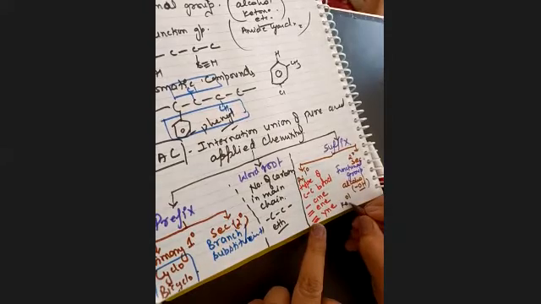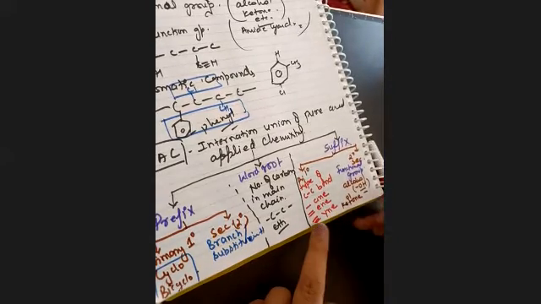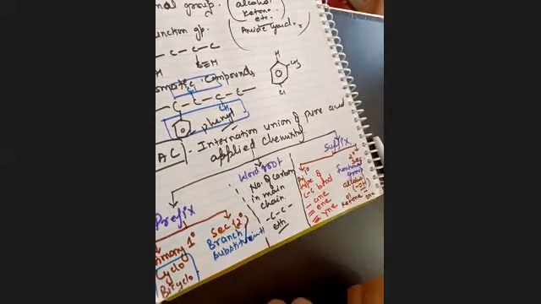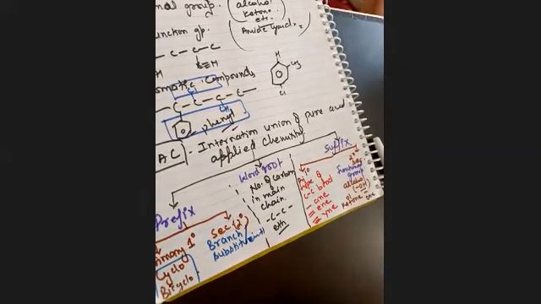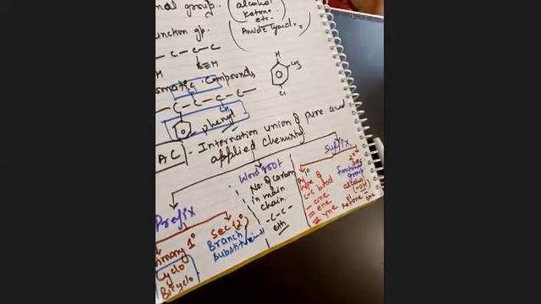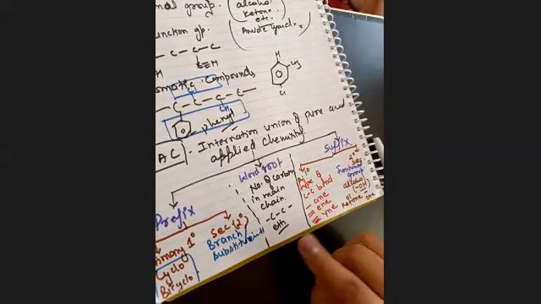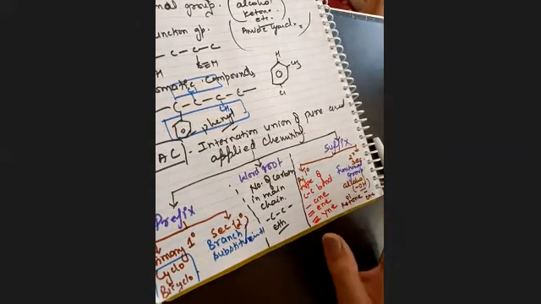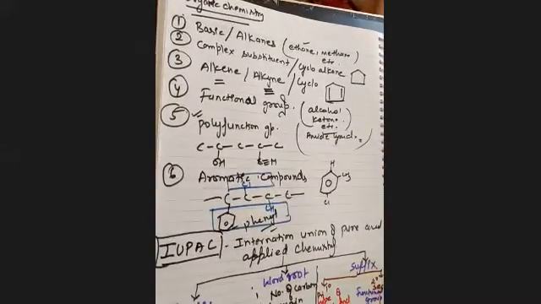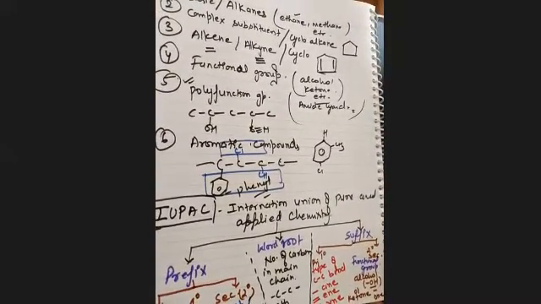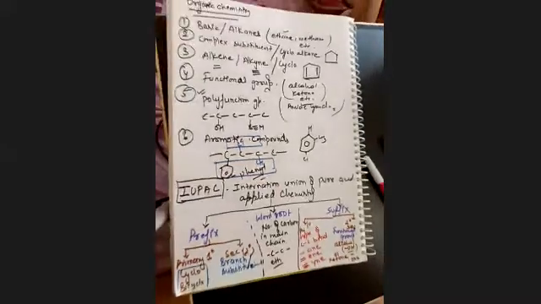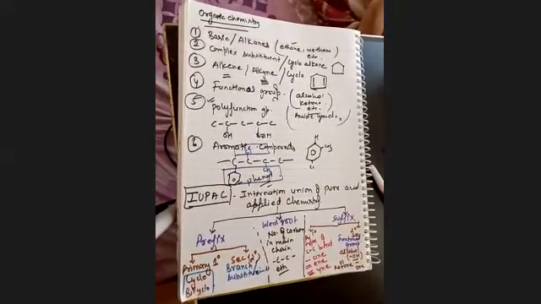If you have a ketone group, the suffix will be one. Okay. When we go down the chapter to the functional groups, I will tell you in which functional groups we use prefix and in which we use suffix. Is this clear? Take a screenshot, and even I ask you to note it down with me. Take a screenshot fast.